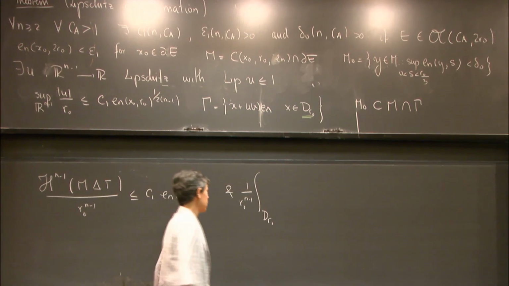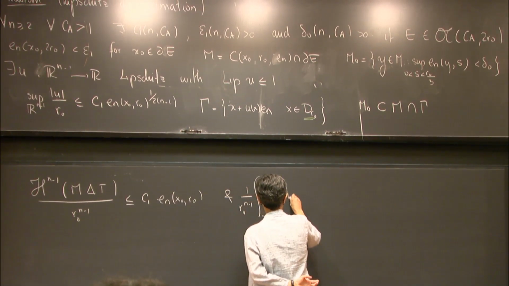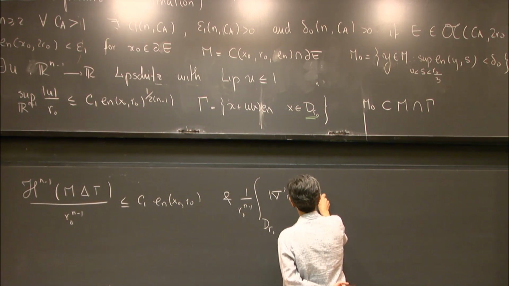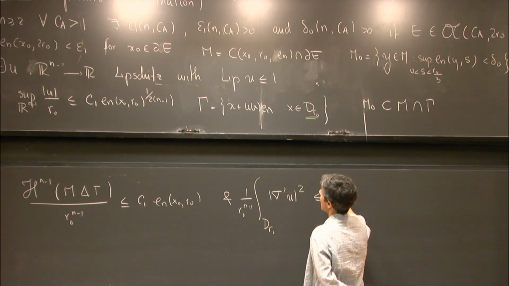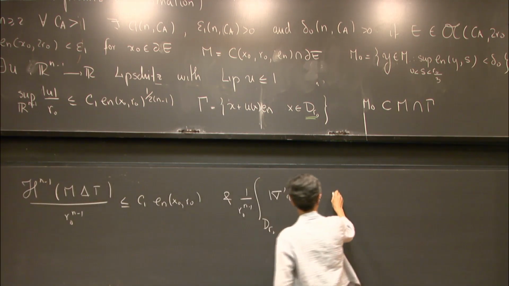But if you look at the L2 norm, this is, I'm going to call it, you're only differentiating on the plane. I'll draw a picture in a second. This is less or equal than, which constant did I put there? Sorry about that. I put C1 everywhere.